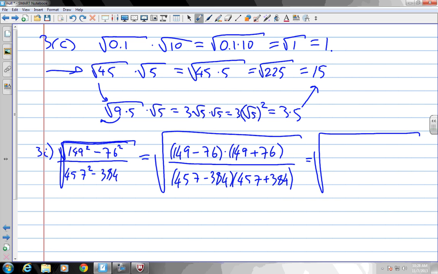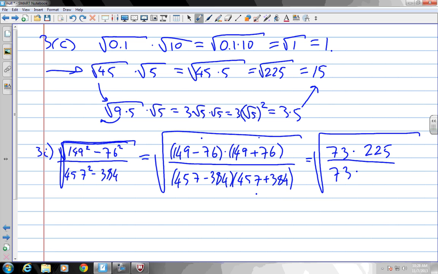Is that all right? Just using the difference of squares. Well, now I have to compute each individual parenthesis. So 149 minus 76, what's that? 73, which is kind of an awful number to have under the square root, but maybe good things will happen eventually. Now 149 plus 76 looks like 225-ish. Is that right? Now 457 minus 384, I'm just wild guessing, equals 73.